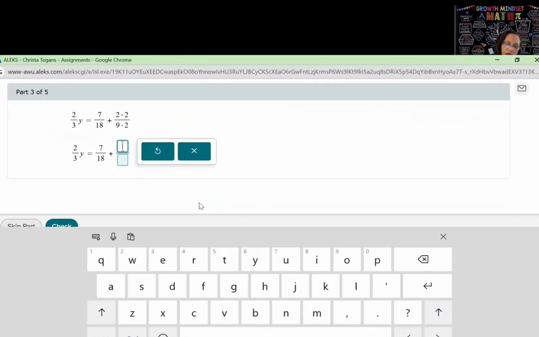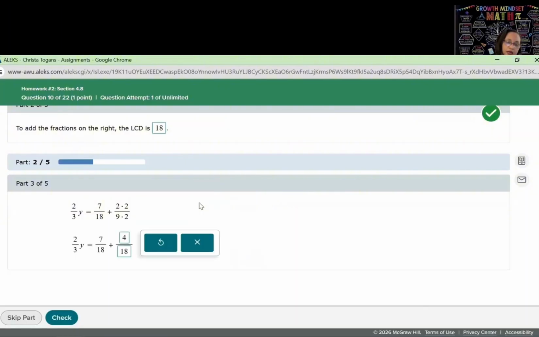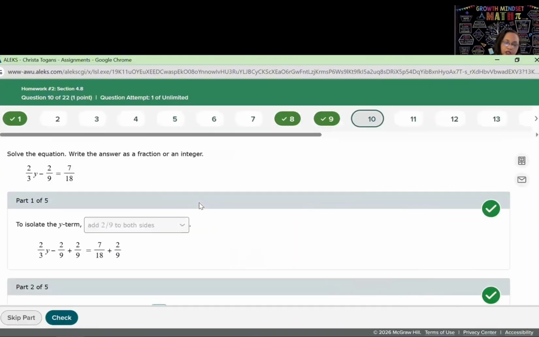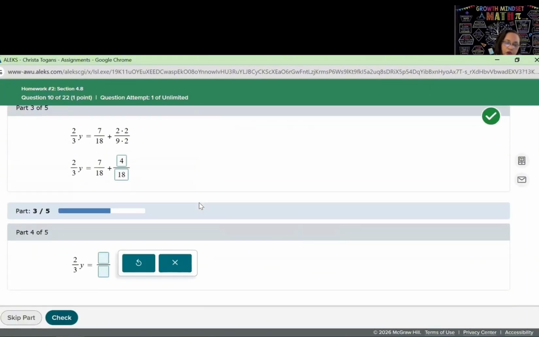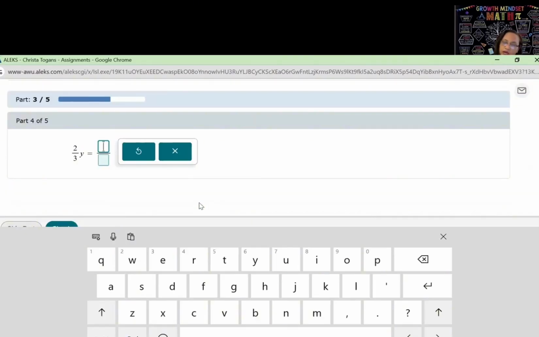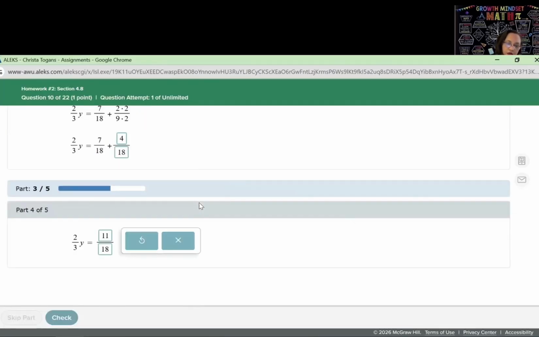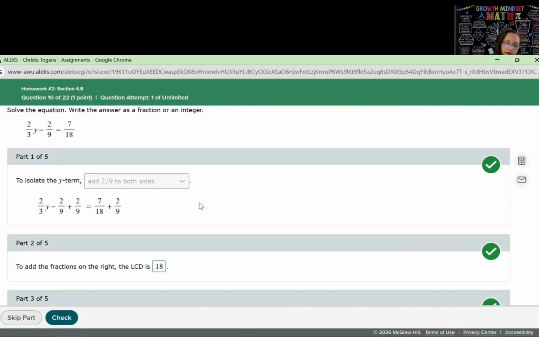Over here, we got 4. And they did it the way that you probably learned it. So it's fine. You'll start to get more of an intuition as you go along. And then this ended up being 11/18. Oops. I used the division symbol, but there was already a fraction placement there.